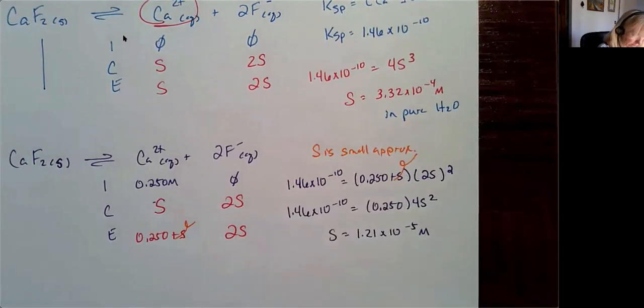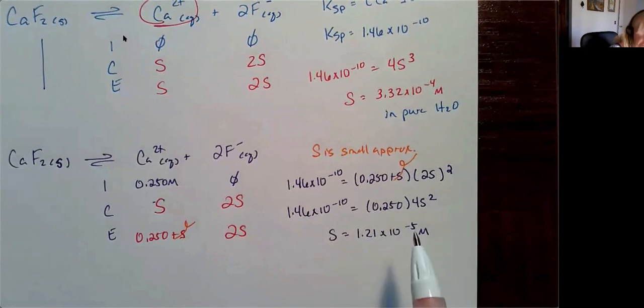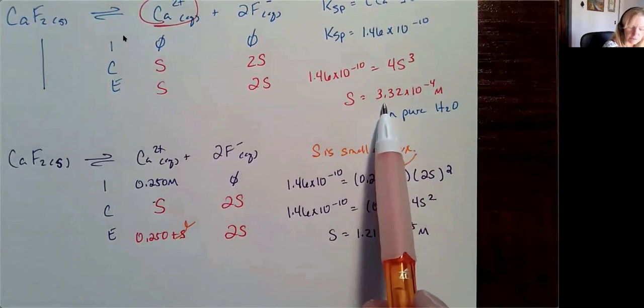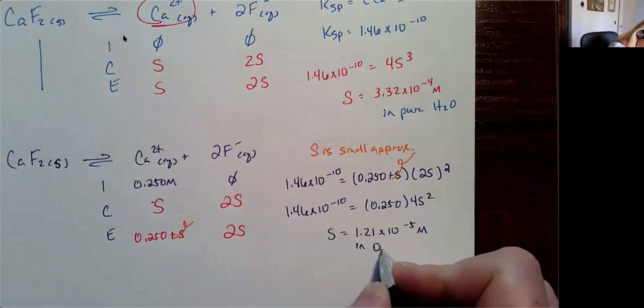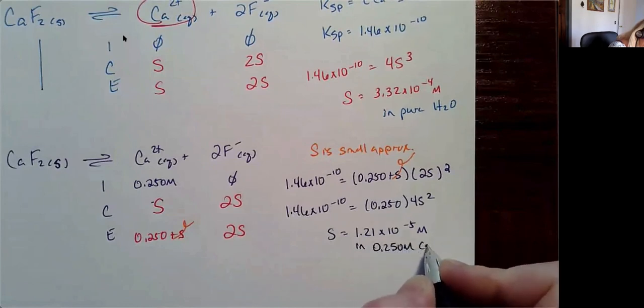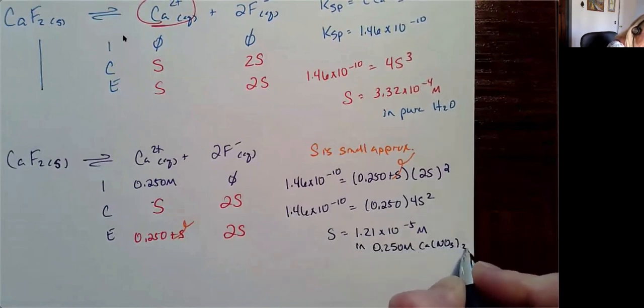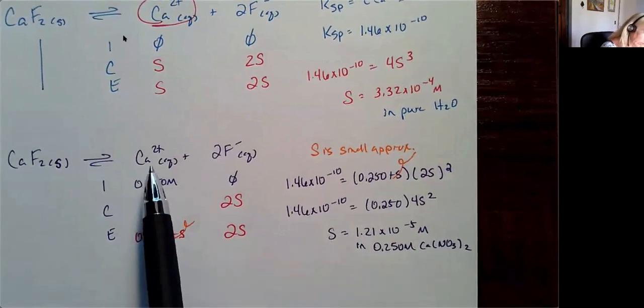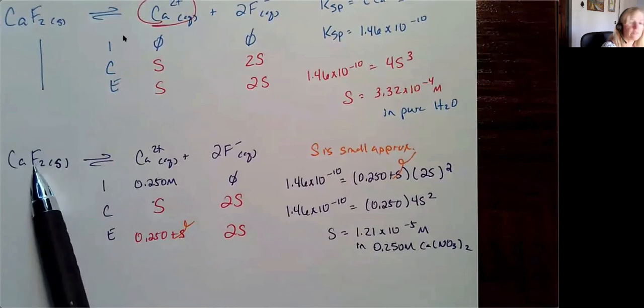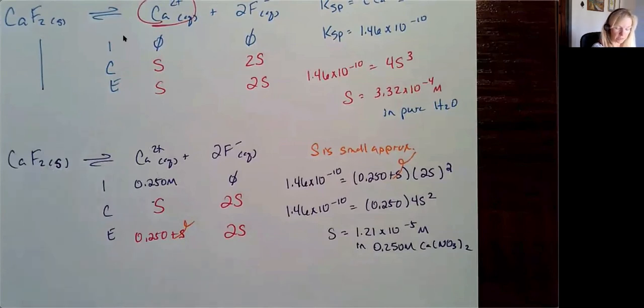Now when I calculate my molar solubility, what you see here is that it has reduced, it's gone down. So in pure water, this would be my molar solubility. This is my molar solubility in 0.250 molar calcium nitrate, because these calcium ions that are in that solution are really effectively shifting the equilibrium back to the undissociated ionic compound here.